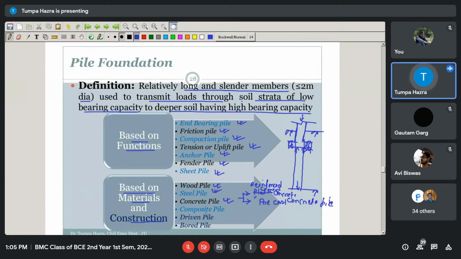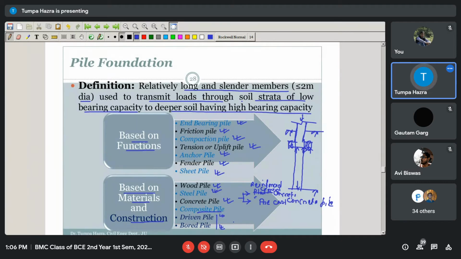And if the pile is made up of two or more materials, then that pile is known as composite pile. And by the method of construction, the piles are classified into two groups. One is driven pile and another one is bored pile.